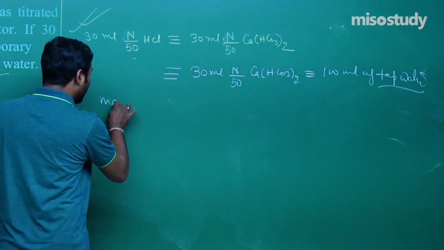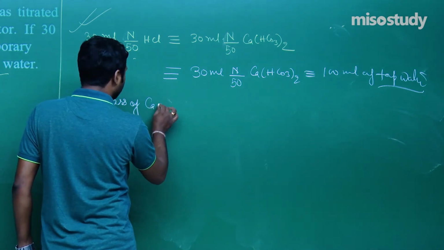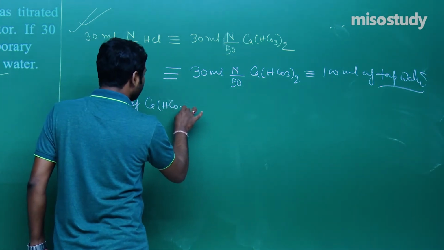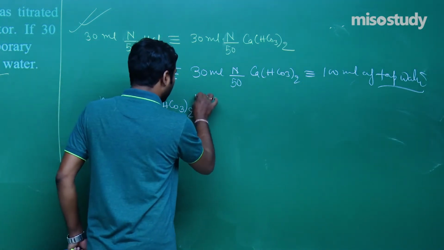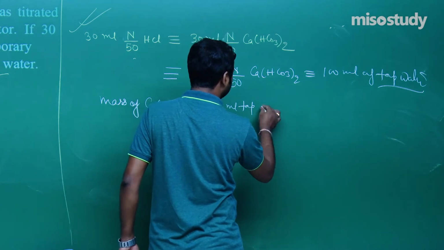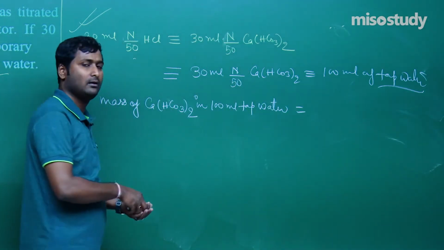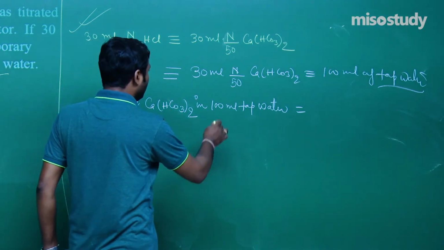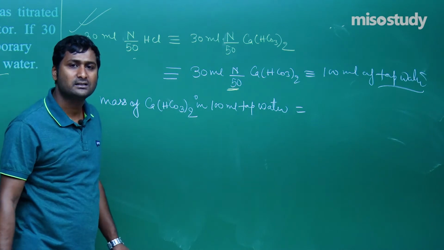So the mass of Ca(HCO3)2 in 100 ml tap water. Now tell me what will happen. Sir, if volume and normality are also given, then what is the formula?